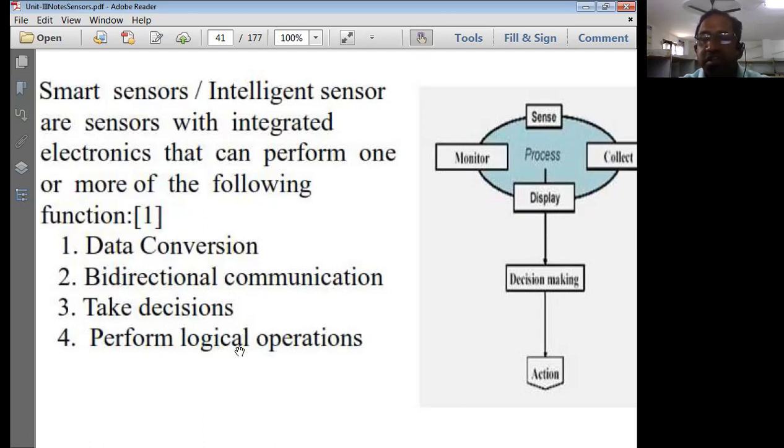Taking decisions: it has to decide how the data has to be processed. Based on the decisions, it has to execute the programming part, like if-else logic, if-else-if logic. Loops, that means for loops and while loops, it has to execute. It is something like a digital computer system.